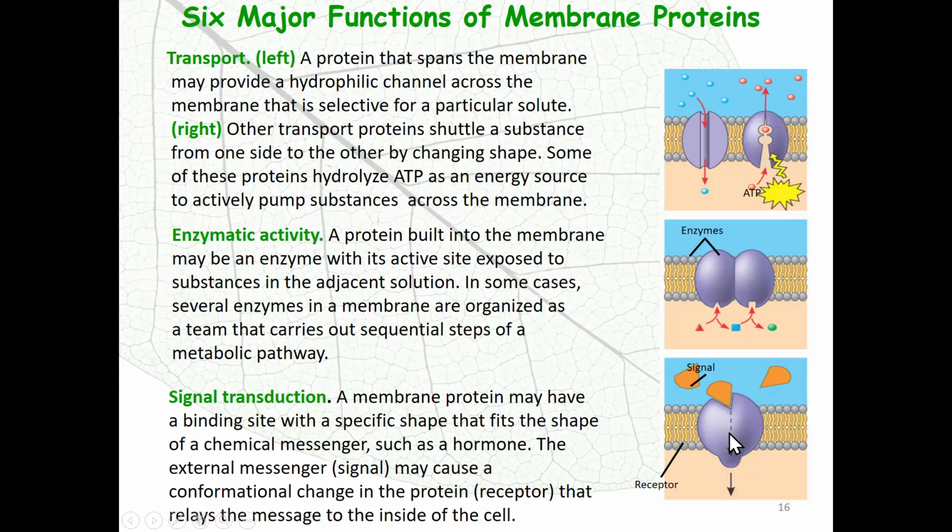So a membrane protein may have a binding site. It is called a binding site, specific for the specific signal, with a specific shape that fits the shape of the chemical messenger. For example, if you take a drug, then the drug should have a receptor in the membrane.